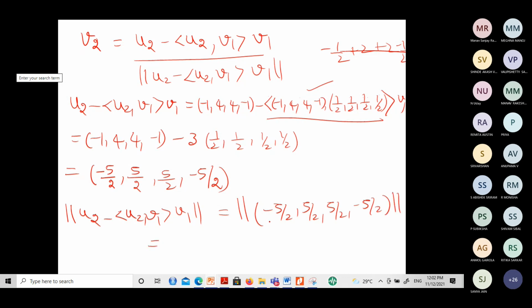What is the norm of this value? 25 by 4 plus 25 by 4 plus 25 by 4 plus 25 by 4. So that is 100 by 4, which is 25, so the norm is 5. Correct.